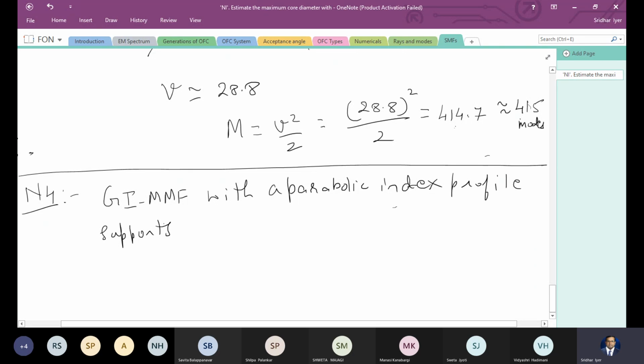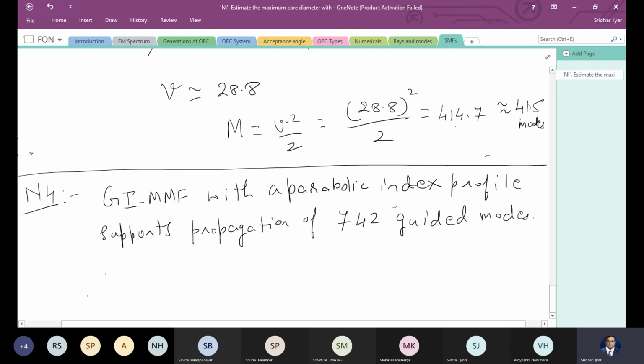Let me repeat this question again. A graded index multimode fiber with a parabolic index profile supports propagation of 742 guided modes.